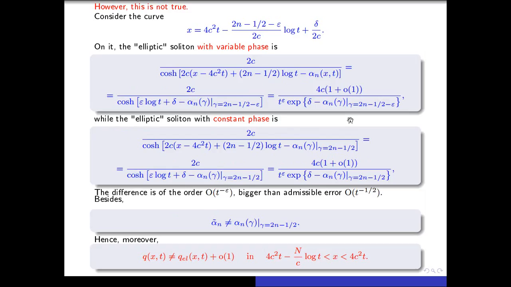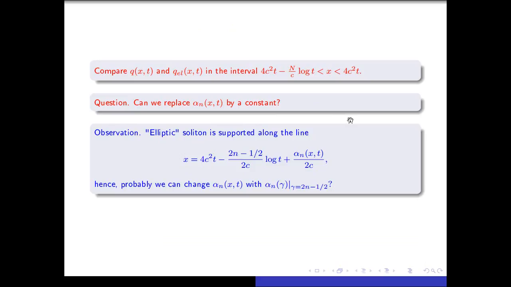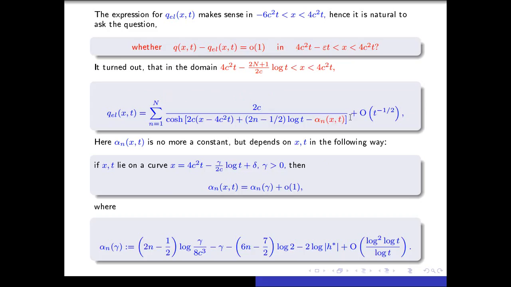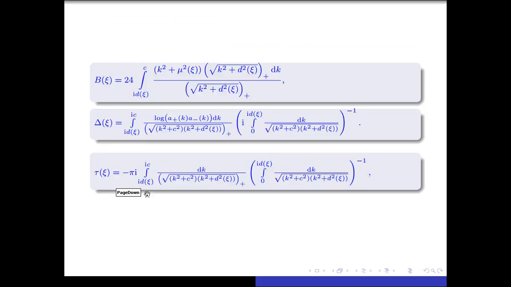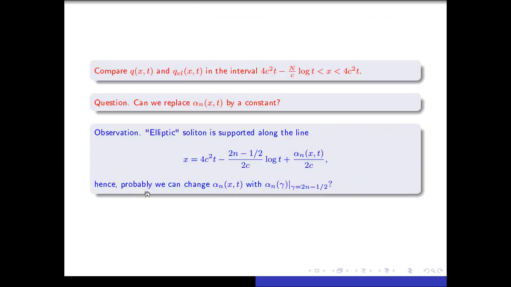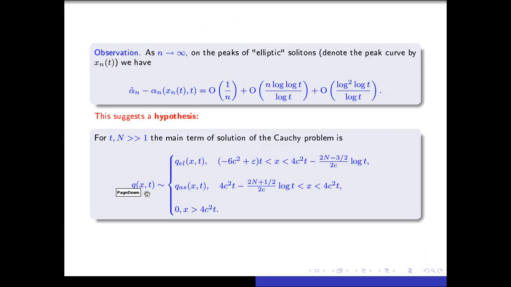So α_n(γ) has the following form, and α̃_n has the following form, so they are very different. But in the limit when n tends to infinity, these quantities become closer and closer to each other.